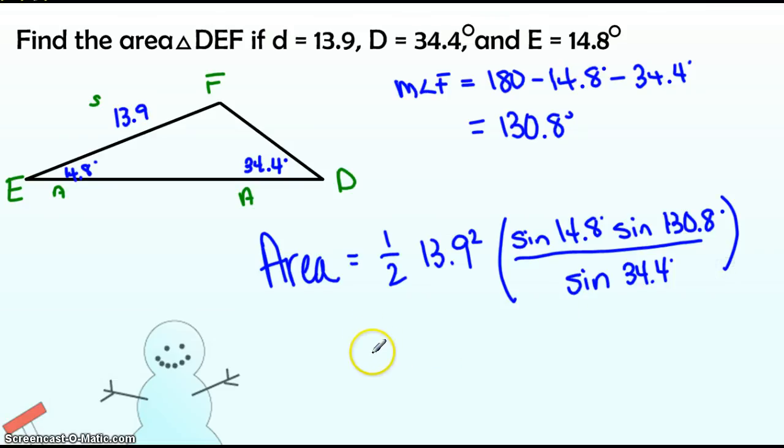And when we plug that all into our calculator, our area is approximately 33.06 units squared.